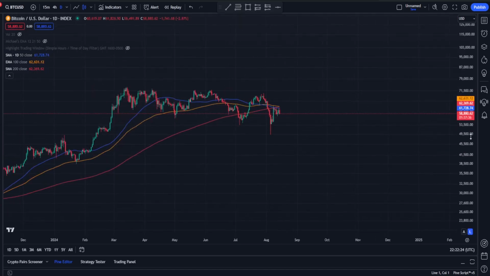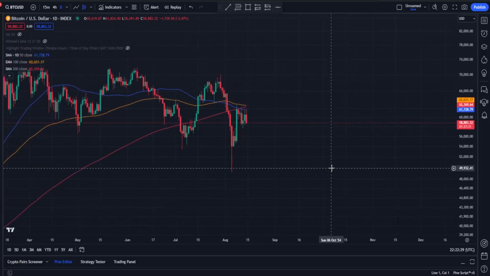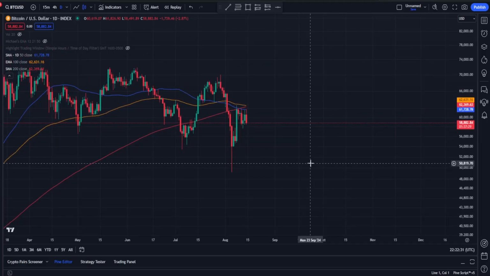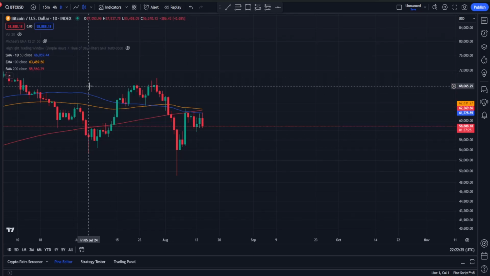We're just going to be focusing on Bitcoin, the long-term vision right now. So I do have a trade open, not based on the EMAs, actually SMAs.